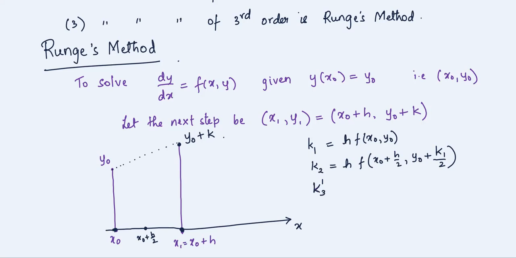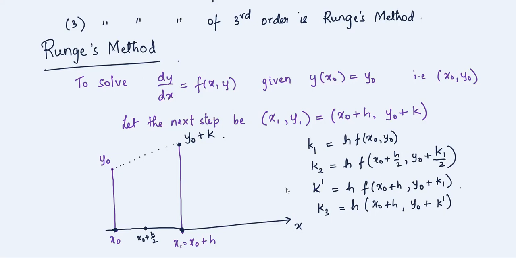Not k3 yet, k dash, and in between, k dash is equal to h times f of x naught plus h, y naught plus k1, and k3 is h times f of x naught plus h, comma y naught plus k dash.